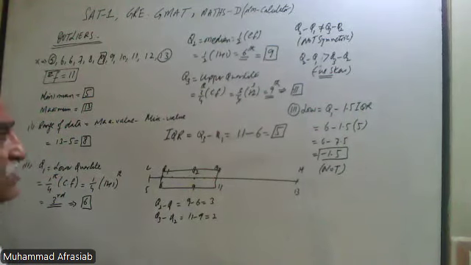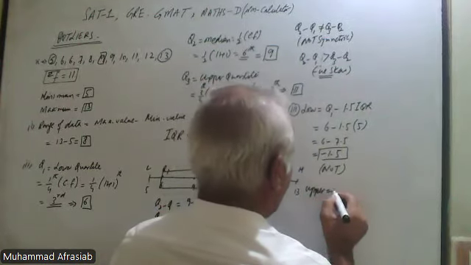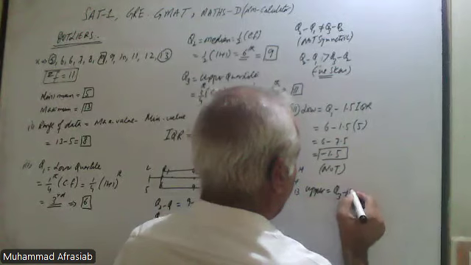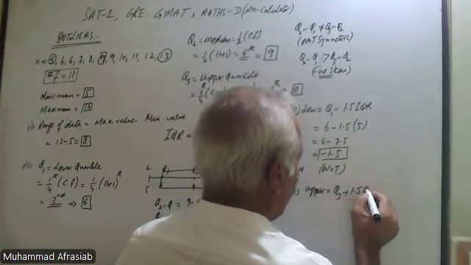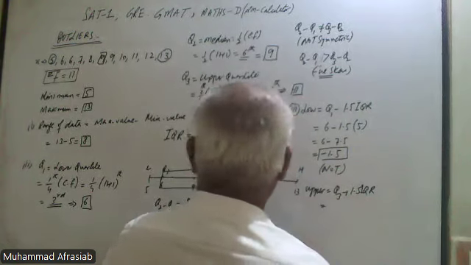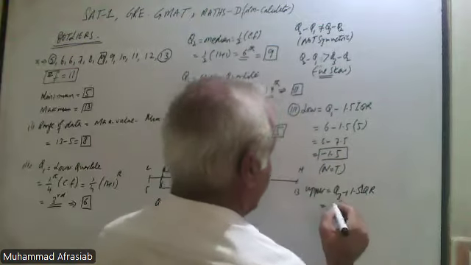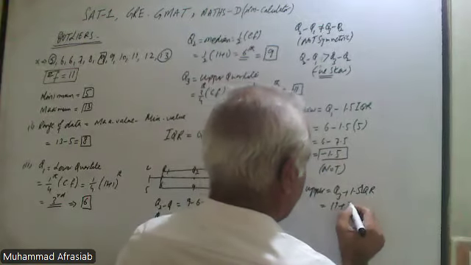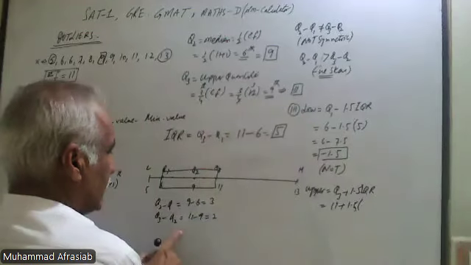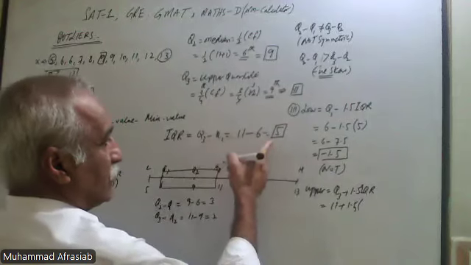Now we will find the upper limit, which is equal to Q3 plus 1.5 times the IQR. Q3 is equal to 11, plus 1.5 times the IQR, which is 5.